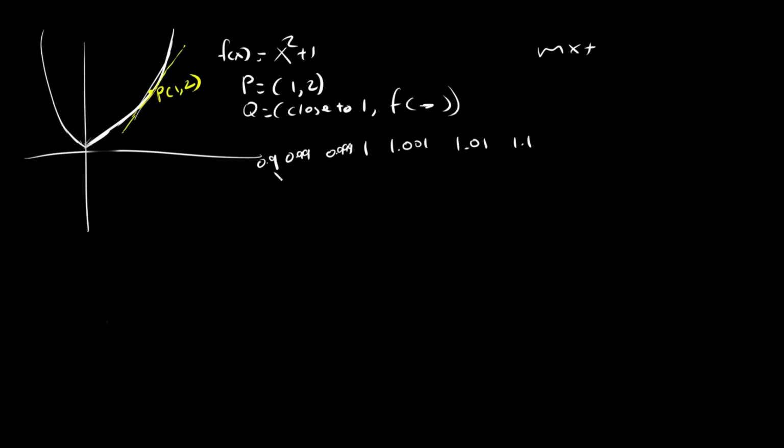Remember what we did in our first video, where we plugged all those values into the slope. This is my slope, and we had to plug in all those values that are close to x equal to 1.